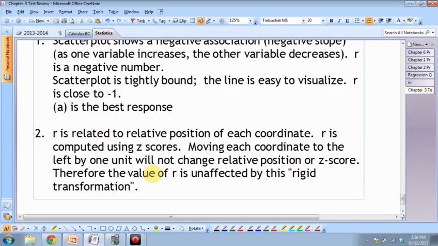Do you remember in geometry where they talk about rigid transformations? Rigid transformation just means the entire thing got slid over, or slid up, or rotated. If it's a rigid transformation like this, you're not going to affect the z-score.